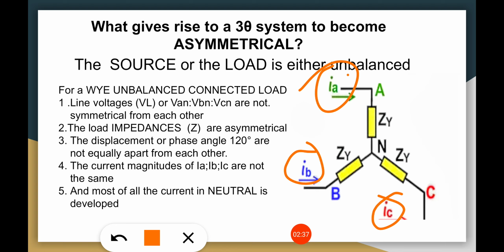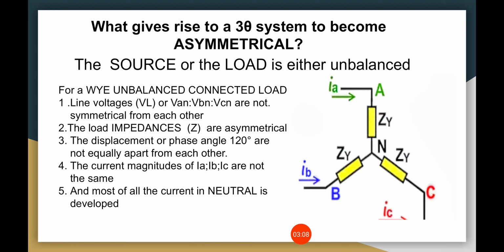There is a current that is developed that will pass through the neutral and go back to the source. So the line neutral current, IN, is equal to IA plus IB plus IC, which is not zero, basically by Kirchhoff's current law.